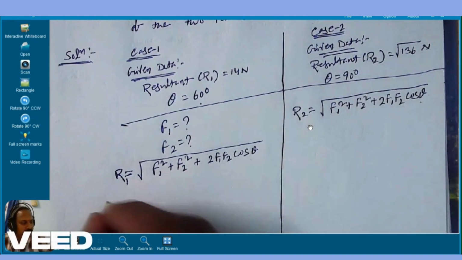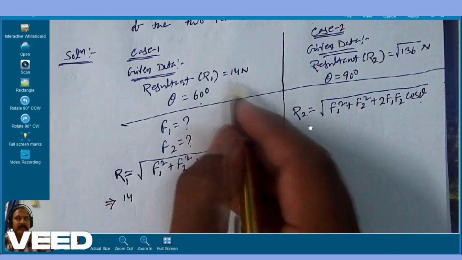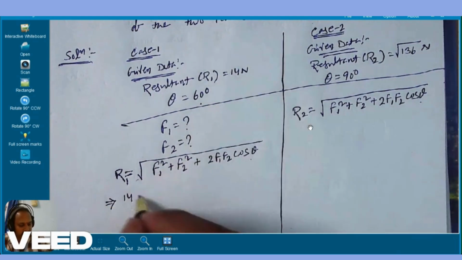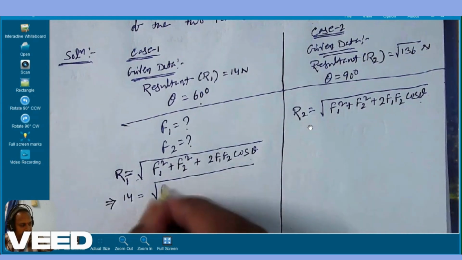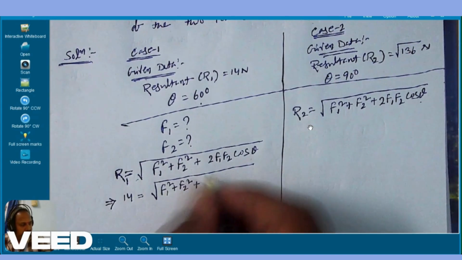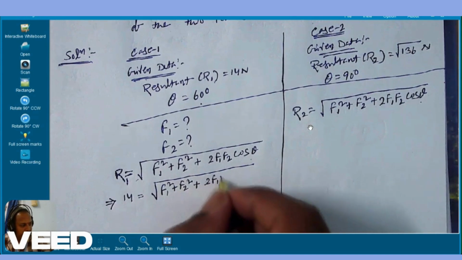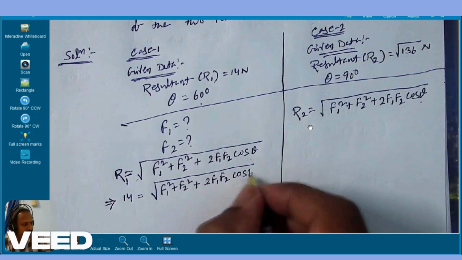So when we substitute in case 1, R1 is given as 14 Newton. So 14 is equal to root of F1 square plus F2 square plus 2F1F2 cos 60 degrees.